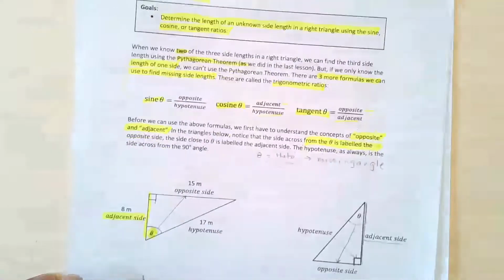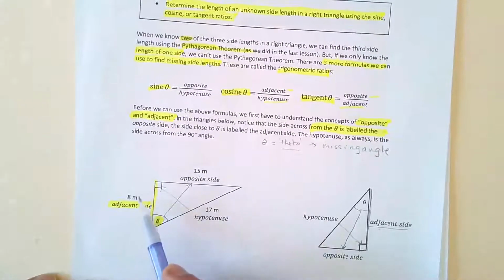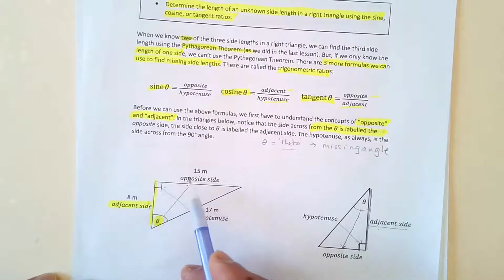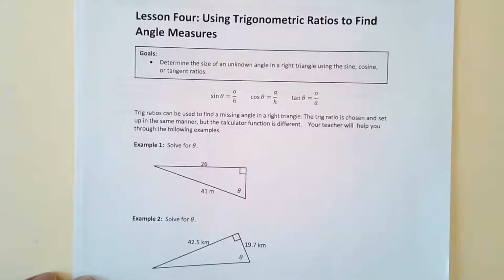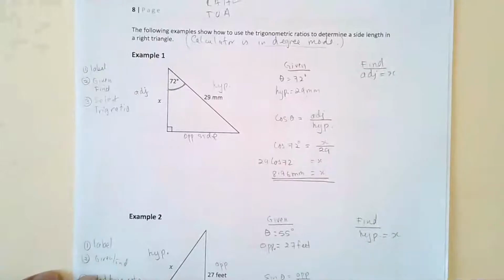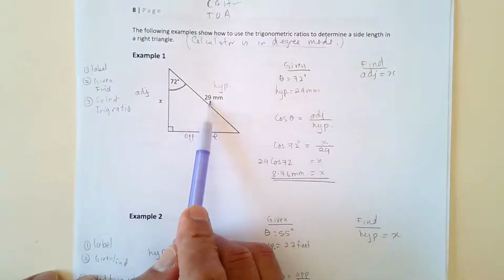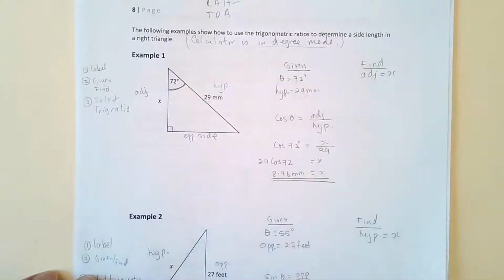If you go back to the examples we did yesterday, we were given the opposite side and the adjacent side, and we did a few examples with those. An example would be here. We were given an angle and a side, and we need to find the opposite side.